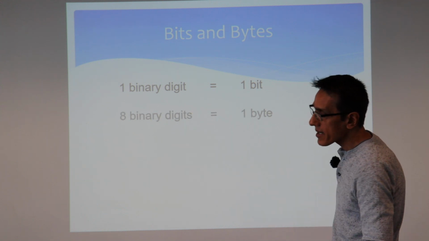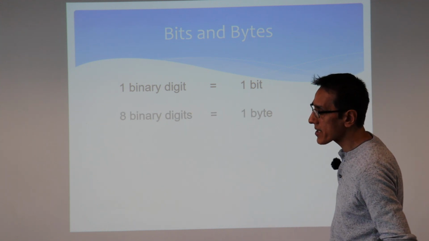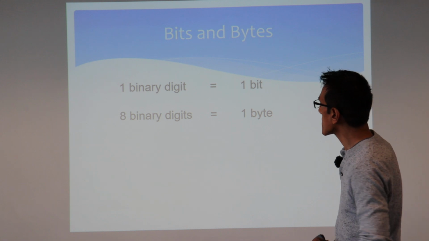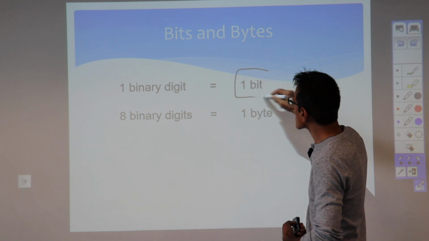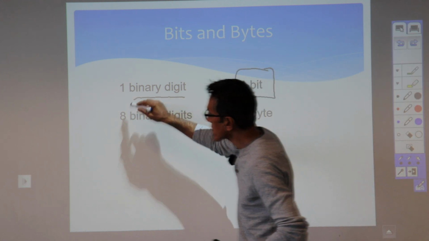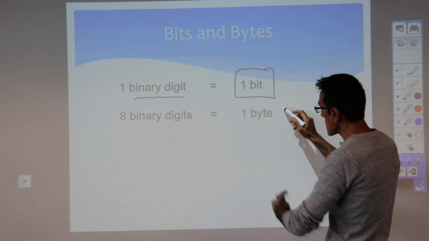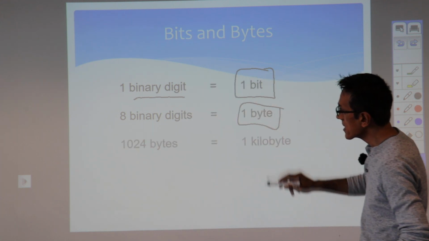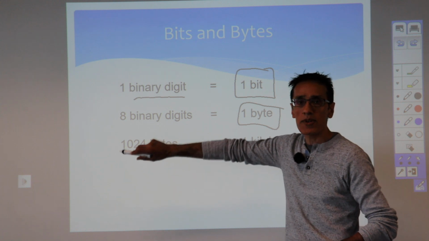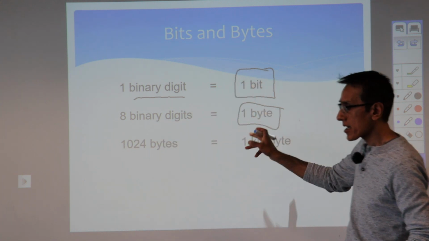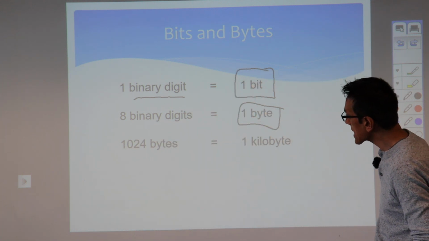Here are some common terms which are used to represent bits in a computer. If you had one binary digit, it's 1 bit. If you had 8 of those combined, it's known as 1 byte. If you took 1024 of those bytes, it becomes 1 kilobyte.